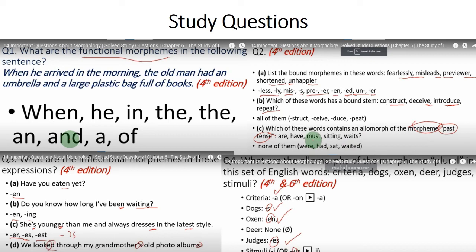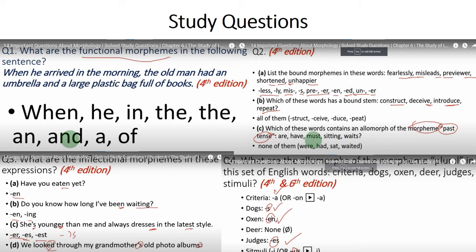And in previewer, there are also two morphemes, pre and er at the end. And in shortened there is one morpheme, ed at the end. And in unhappier there are two morphemes, which are un and er.